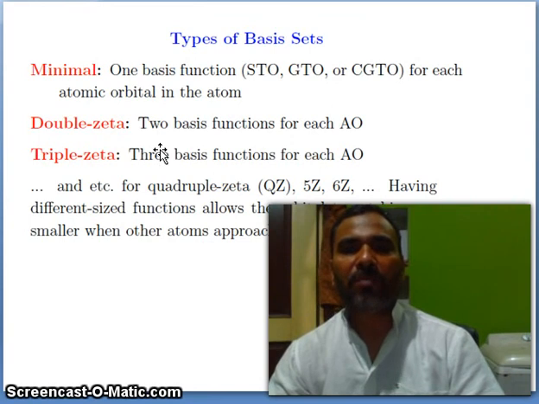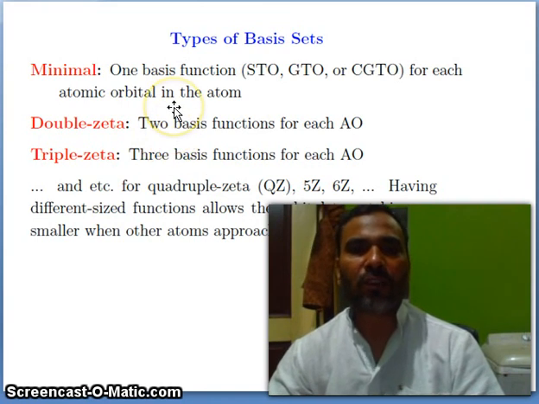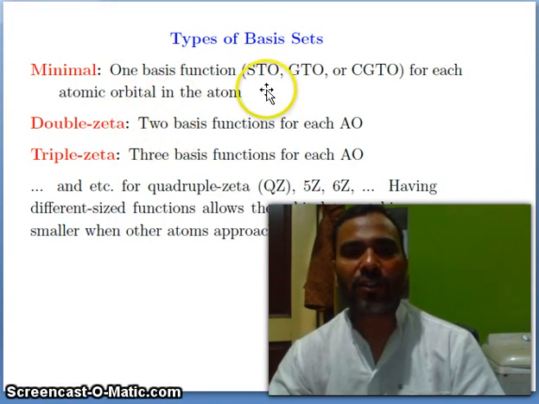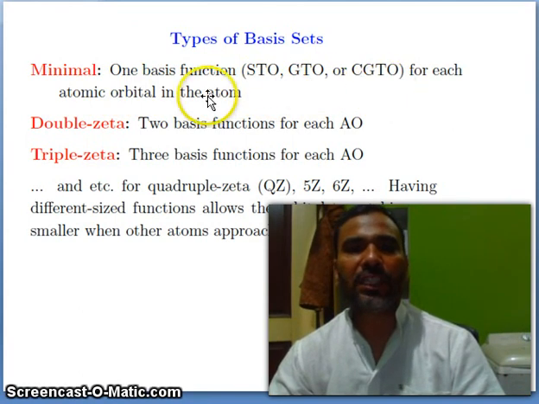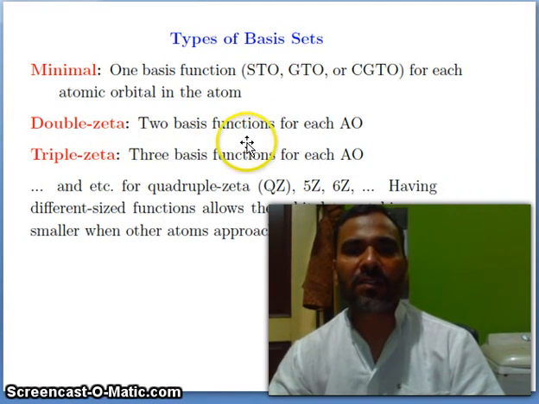Types of basis sets, that is important for those working with Gaussian software. Minimal: one basis function (STO, GTO or CGTO) for each atomic orbital in the atom. Double zeta: two basis functions for each atomic orbital.